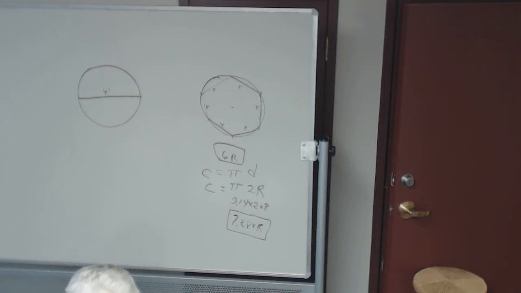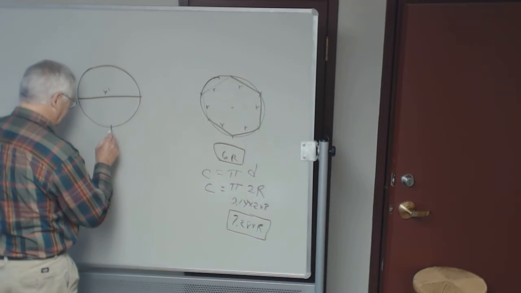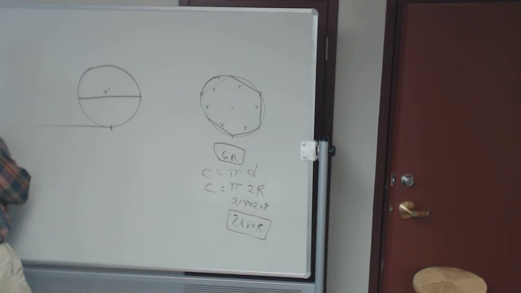Through what distance does the bicycle go when the wheel makes one complete turn? That means if I roll this wheel down the road, it starts here and I keep rolling it till it ends up down here. And what is this distance called? Circumference equals pi times 61. Then 3.14 times 61.